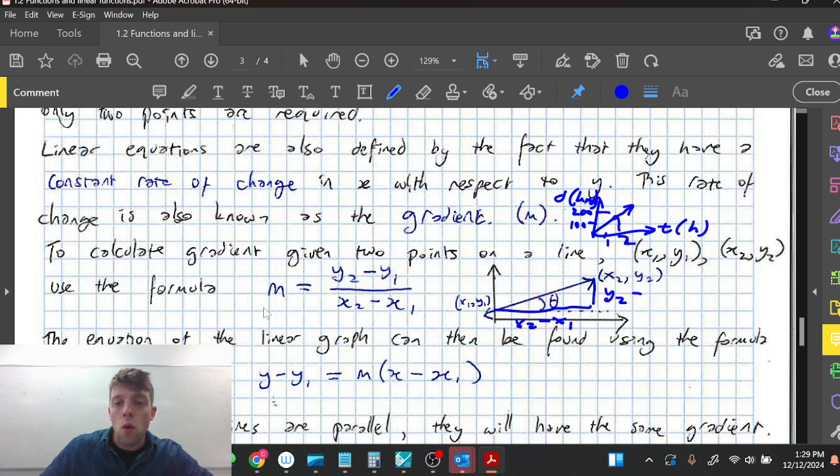And y2 minus y1 is going to give you the distance between these two values. So we have the formula here: rise divided by run is equal to the gradient, which is m. So that's an important rule. Once you know m, you can then use this formula here, which is called the point gradient form of a linear equation, to write the equation in standard form. So we have y minus y1 is equal to m times x minus x1.